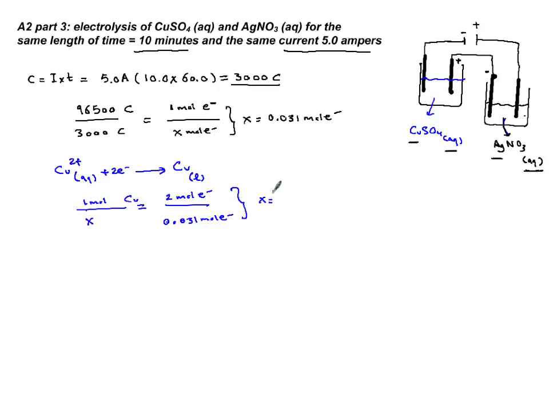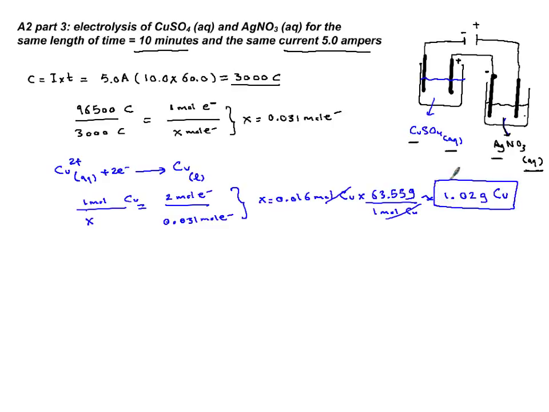So X happens to be half as much, which is 0.016 moles of copper. Now if you multiply it by its relative atomic mass, for 1 mole of copper, we are producing 1.02 grams of copper.